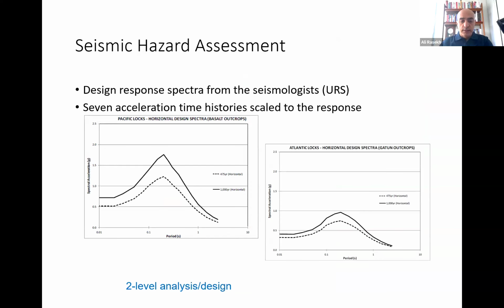So getting into the seismic structural portion, we always discuss the response spectra that is used for the design, like the hazard. Maybe sometimes we call it hazard, and the hazard on the 2 sides was substantially different. So one side is the Pacific side, and the other side is the Atlantic side.